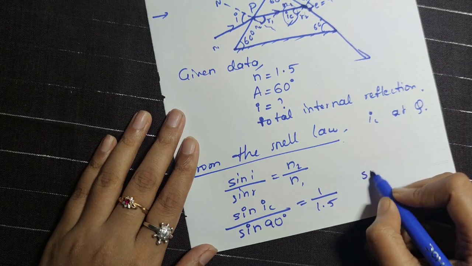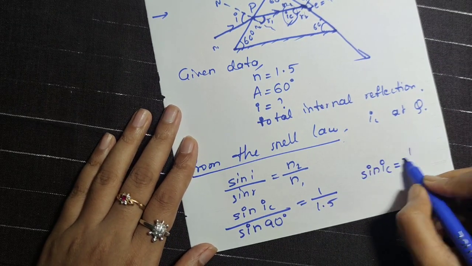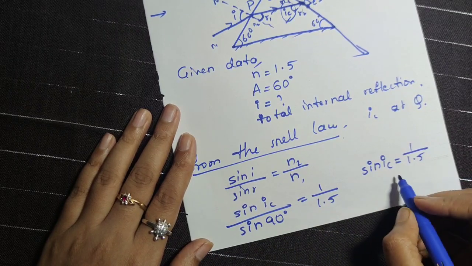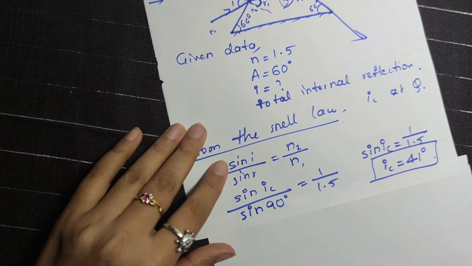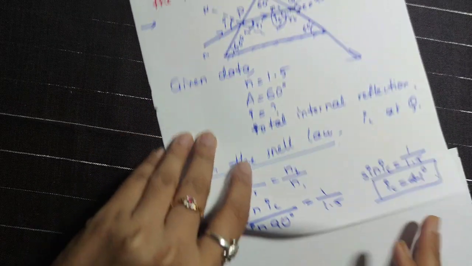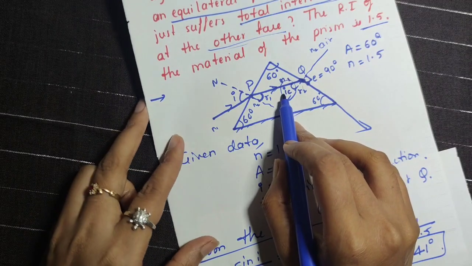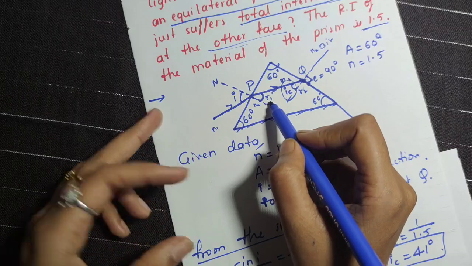So sin ic is 1 by 1.5 because sin 90 is 1. So the critical angle is 41 degree. So now we got the value of the critical angle. We have to find out the R1 value.